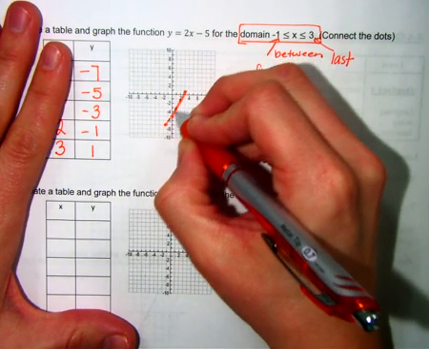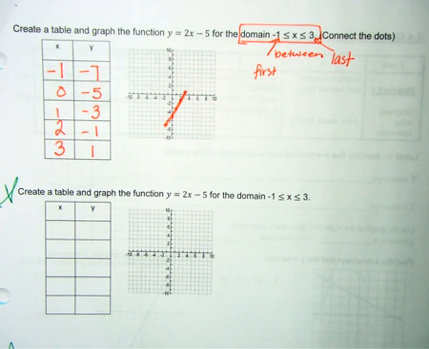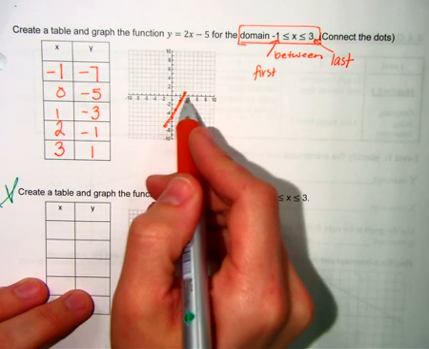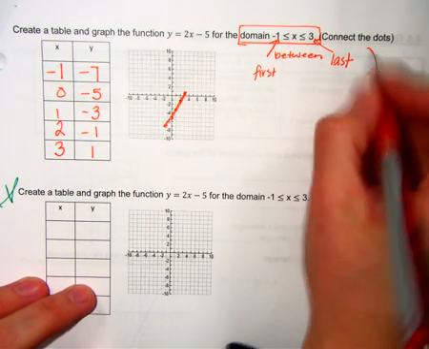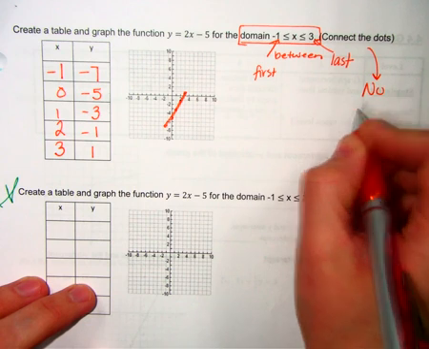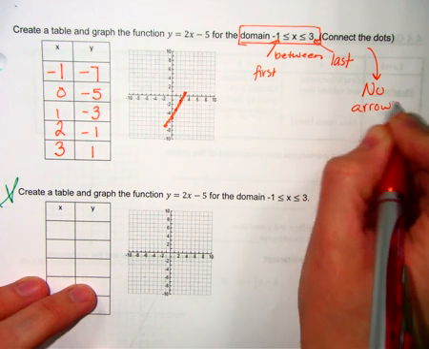Right here. So we are going to connect the dots. No arrows. No extended line. You're just going to connect the first dot to the last dot and be done, because the only ones that count are the ones between -1 and 3. So we are going to connect with no arrows.